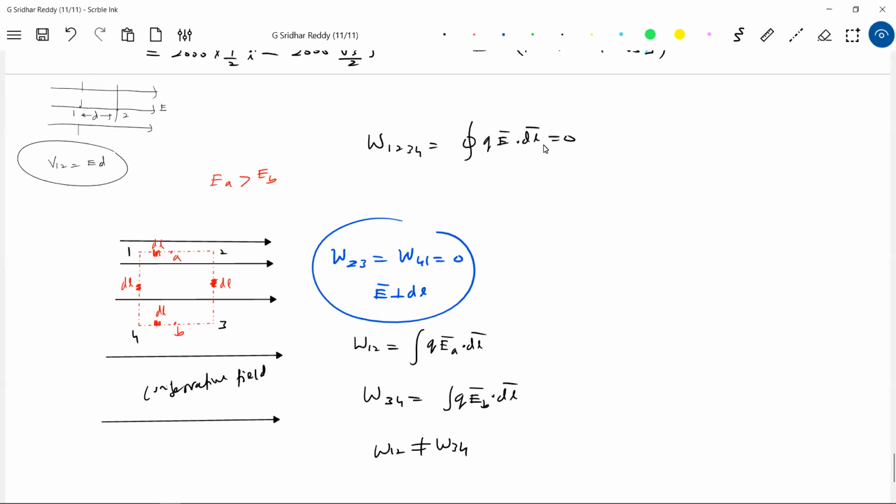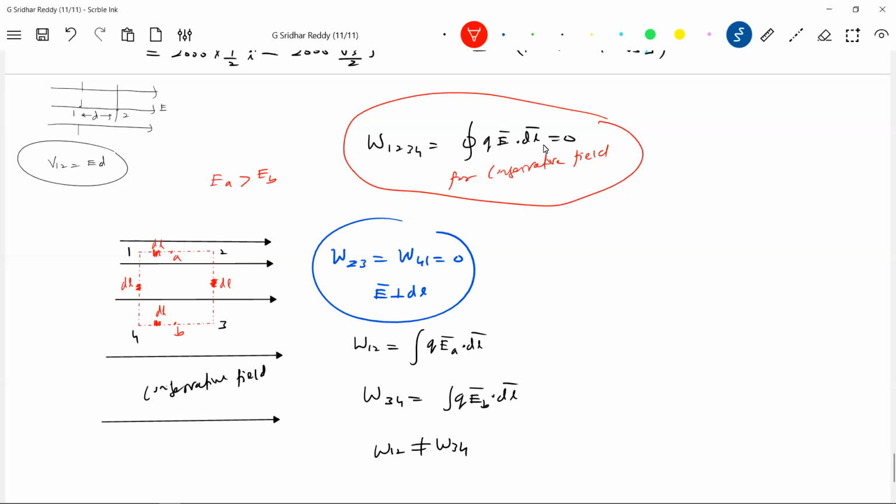This is for a conservative field. According to the data, the net work done is non-zero for the path 1, 2, 3.